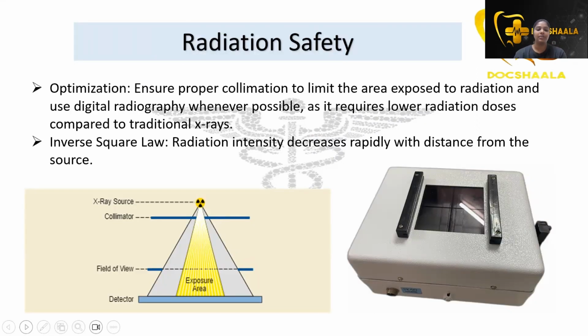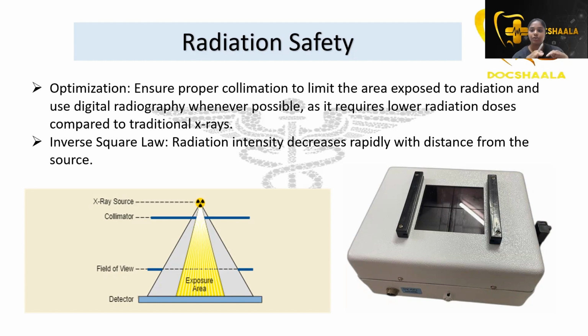Coming to radiation safety, this is also a very important chapter. Radiation safety is important because we have a few image-based questions on this. So, optimization. Whenever we are projecting some rays on a biological substance, the radiation should be optimized to a certain limit, right?